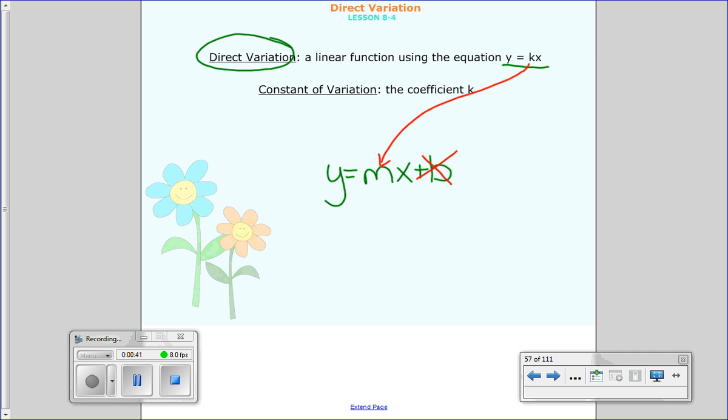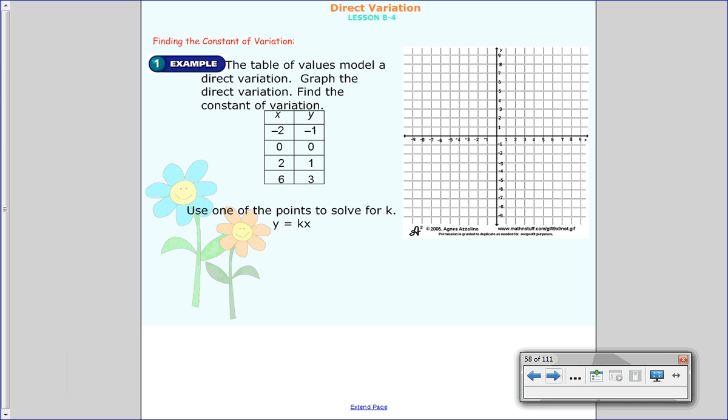If we got rid of that y-intercept, meaning it always starts at 0 with direct variations, they're the same idea. So the m, or k in this case, the slope of the line, stands for the constant of variation, meaning whatever x is being multiplied by, the slope. So we're going to go ahead and get started.